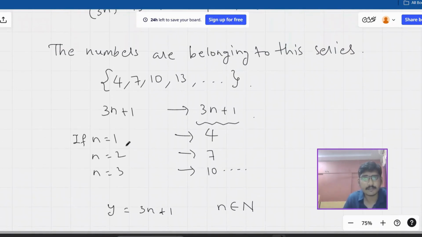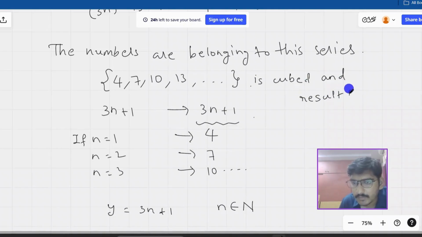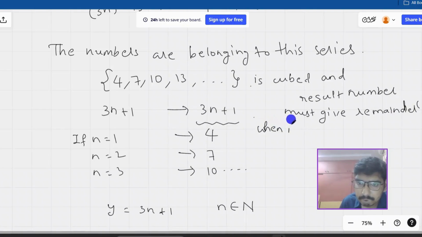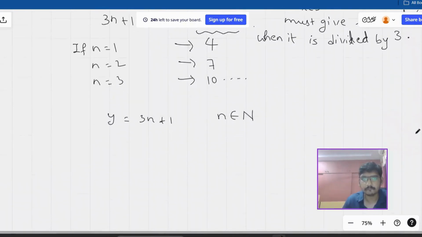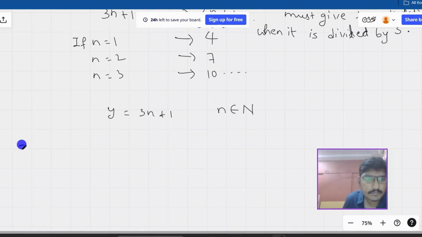The question here is, a number belonging to this series is cubed and the resultant number must give remainder 1 when it is divided by 3, right? Okay, let's continue this one.